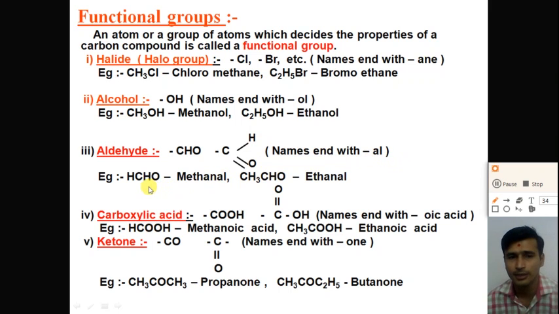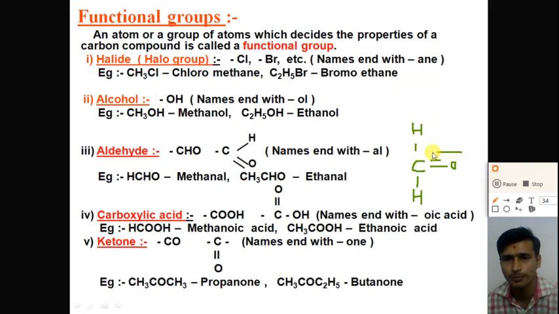That means one carbon atom is connected with a double bond to the oxygen atom, and the other valency of the carbon atom is fulfilled by a hydrogen atom, like this structure: between the carbon atom and the oxygen atom there is a double bond, and the other valency is fulfilled by a hydrogen atom, H.